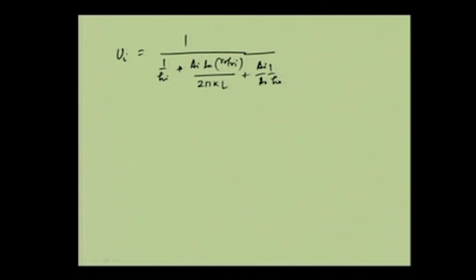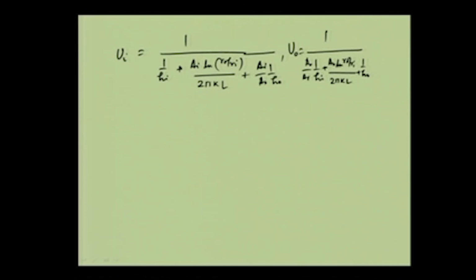So this is in terms of the inner area, and Uo can be written in a similar fashion, as 1 by AO by AI into 1 by HI plus AO ln Ro by Ri divided by twice pi KL plus 1 by HO. So in these two cases, this is the resistance of the inner film, this is the resistance of the tube wall, and this is the resistance of the outer film.